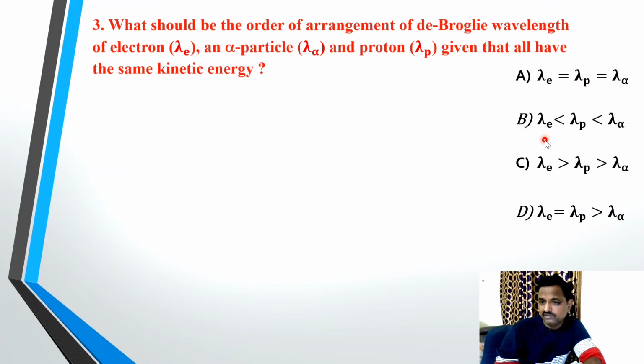Option B, wavelength of electron less than wavelength of proton less than wavelength of alpha. Option C, wavelength of electron greater than wavelength of proton greater than wavelength of alpha. And option D, wavelength of electron is equal to wavelength of proton, that is wavelength of proton greater than wavelength of alpha.